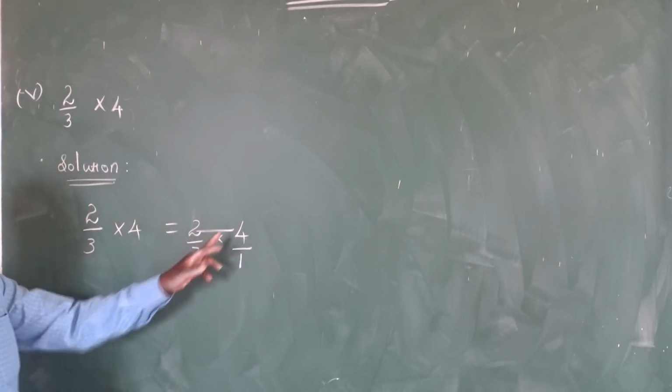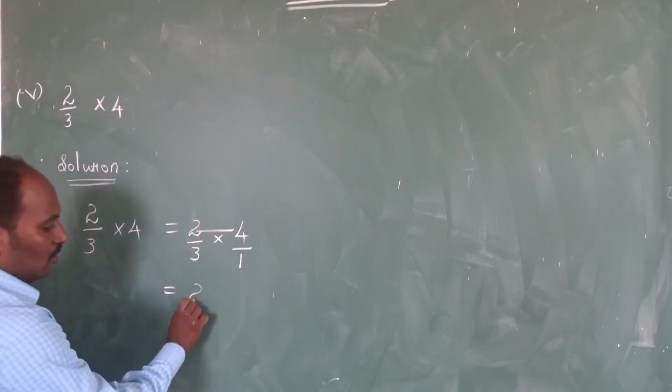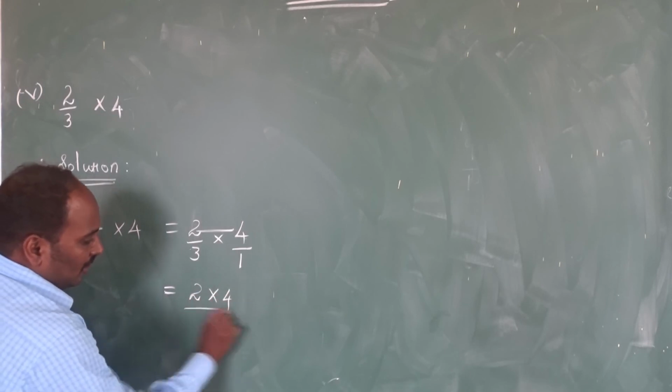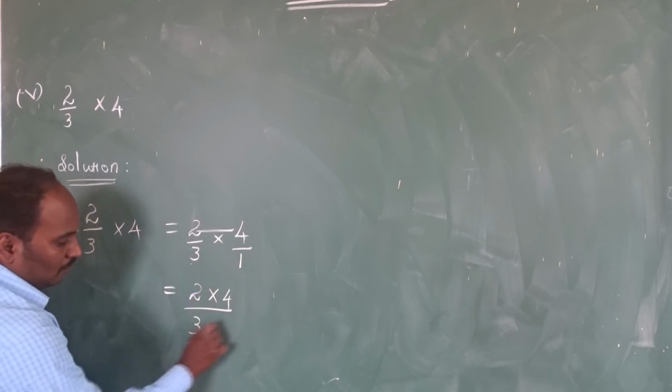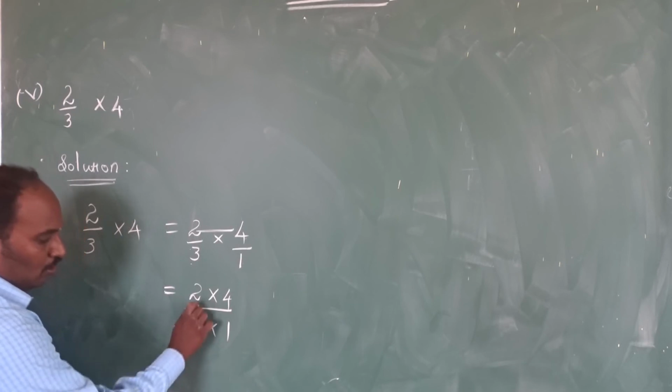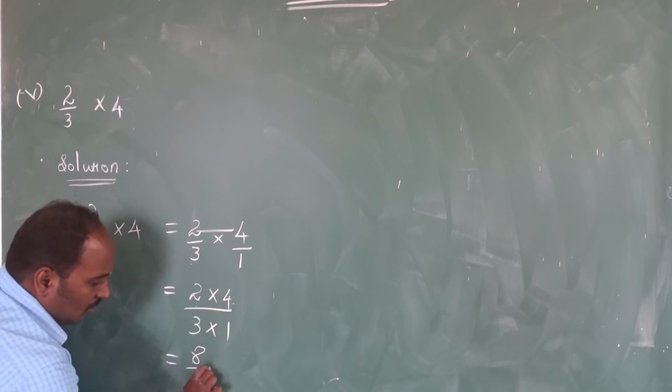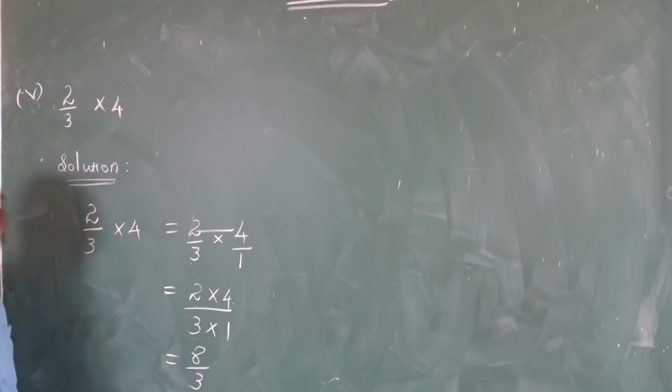First we multiply the numerator part. 2 times 4, then 3 times 1. 2 fours are 8, then 3 times 1 is equal to 3.